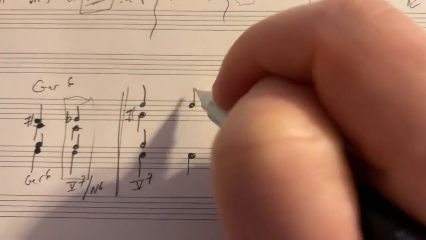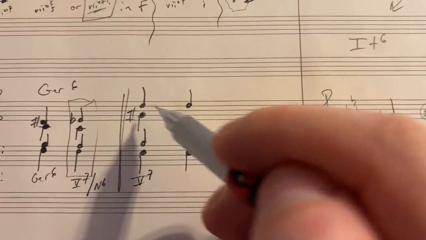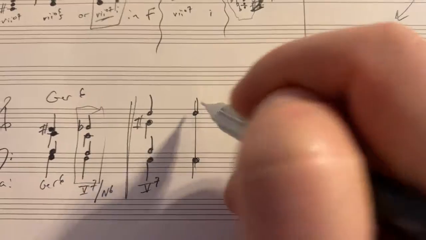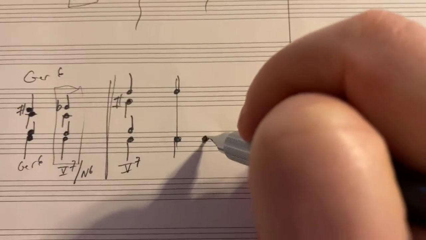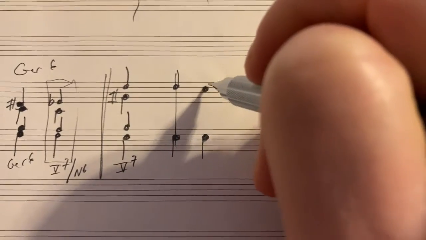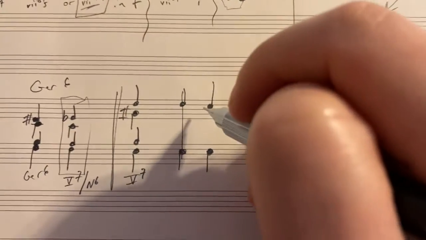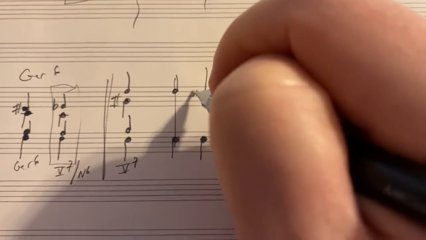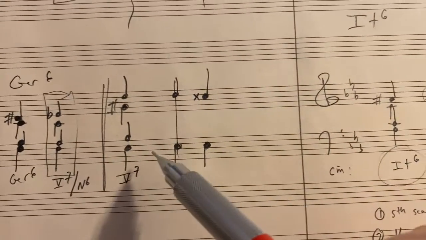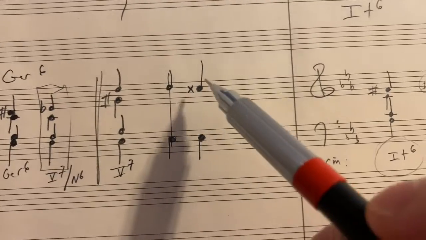That minor 7th could be reinterpreted as an augmented 6th. I'm going to respell it again because I didn't mean to do that. So we'd have an E going to a C double sharp in this case. Okay. Sounds the same as a D, but this is a minor 7th. That's an augmented 6th.